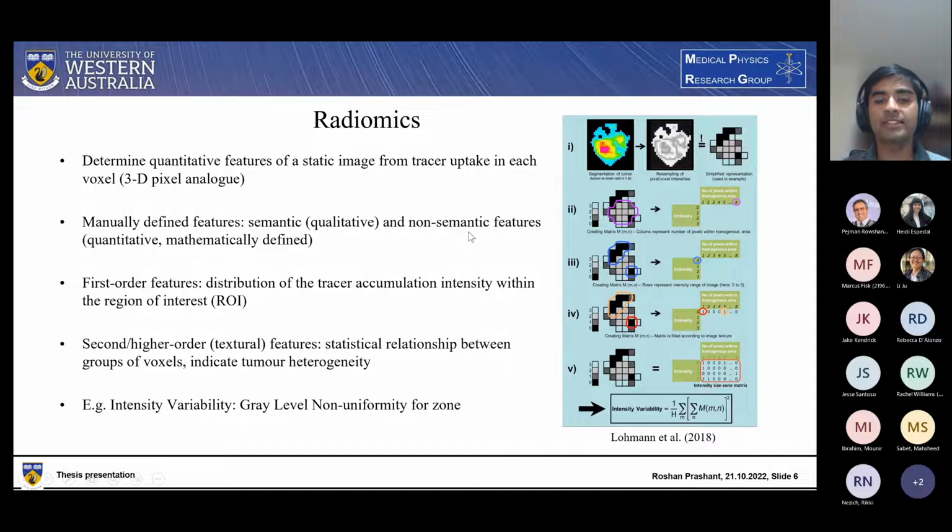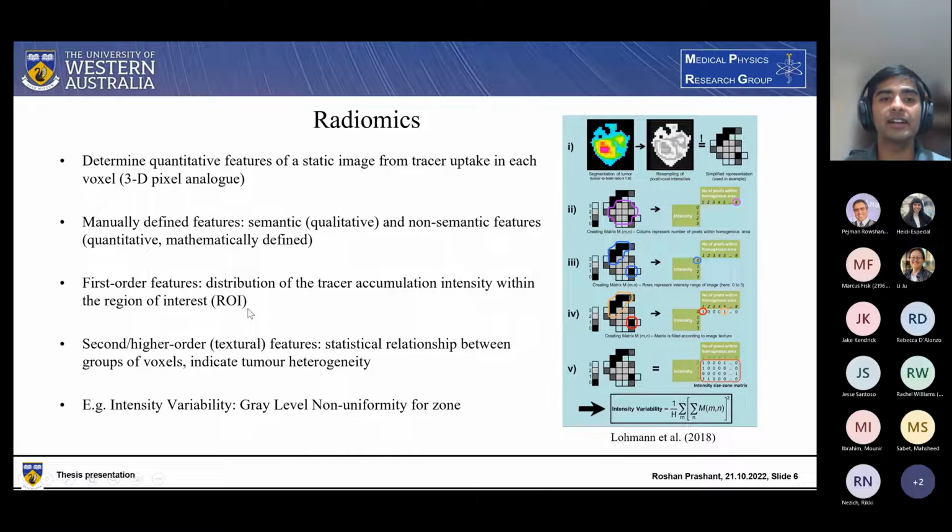Semantic features are qualitative features that are defined by radiologists, and they have a clinical utility. On the other hand, non-semantic features are quantitatively determined and mathematically defined. Non-semantic features also separate into first-order features and second-order or higher order or textural features. Those are all synonymous with one another.